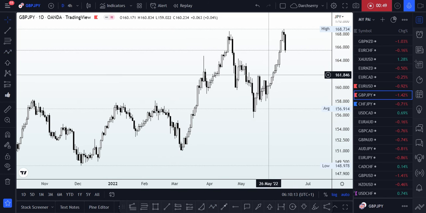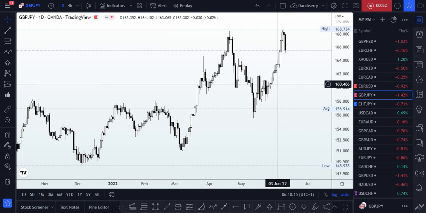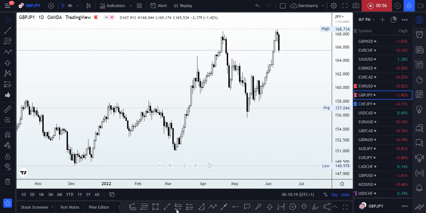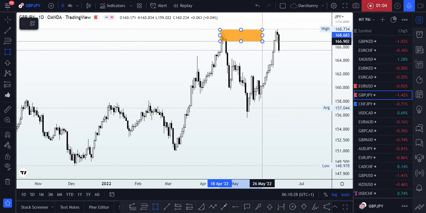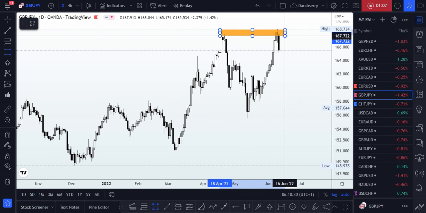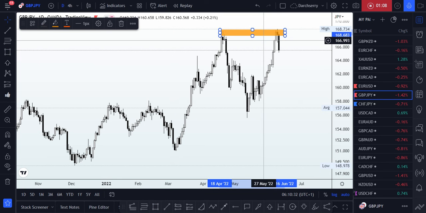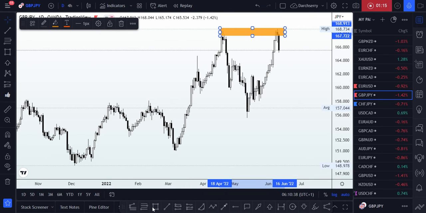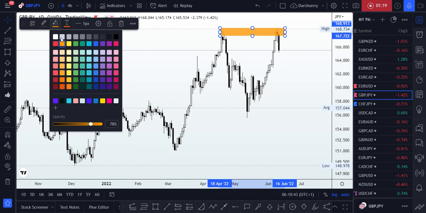So at this point in time, we don't know if this is an outright reversal pattern, as we can see a structure here on the daily time frame with the culmination at the 168.500 area. It might be a reversal pattern in the form of a double top structure evolving at this point in time.